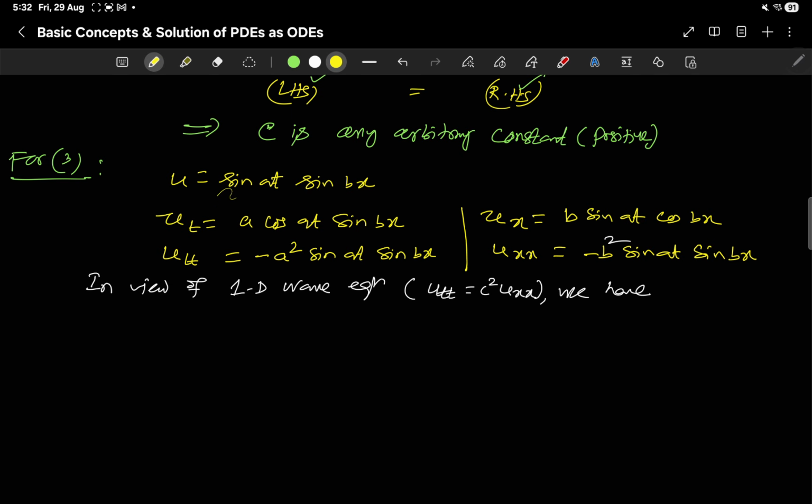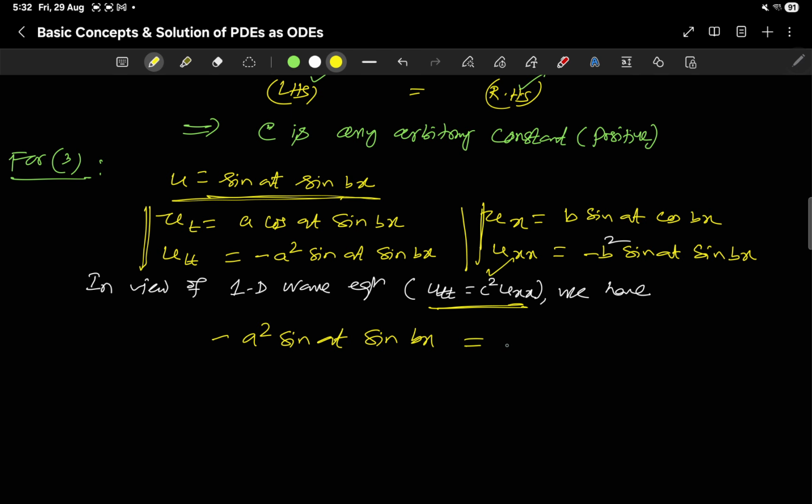Now coming to the third question, u is given this, so accordingly I find utt and I find uxx. In my one dimensional wave equation, I substitute here: utt is minus a square sin at sin bx, and in the right hand side it is c square, so minus b square c square sin at sin bx.